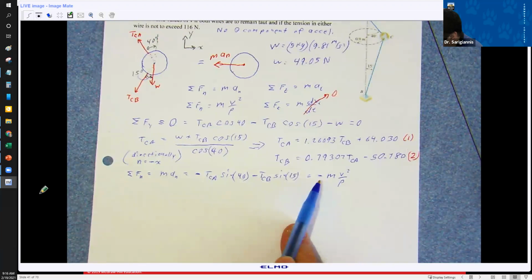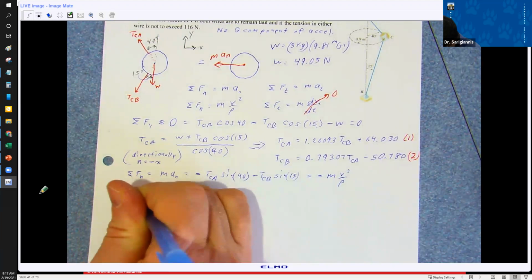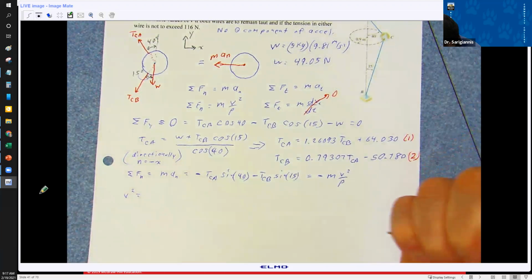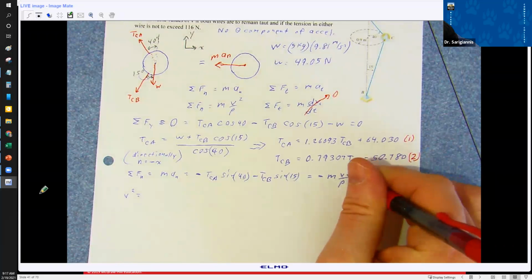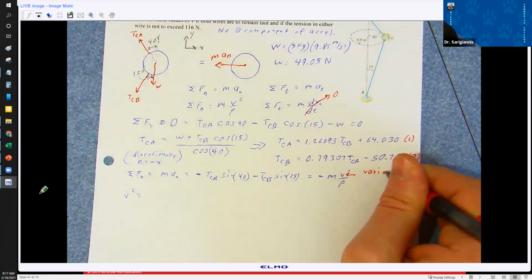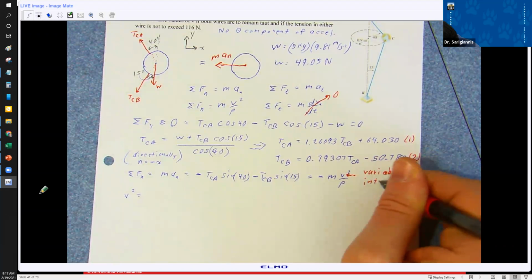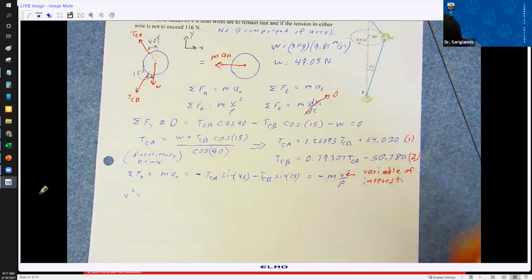I mean, you can see all the negatives can switch to positives. Let's see, v squared equals, let me just make a note here. Variable of interest. All right, that's what we're trying to find.